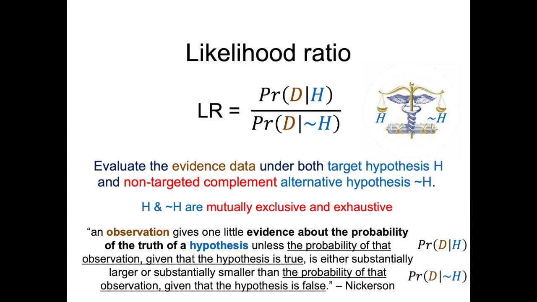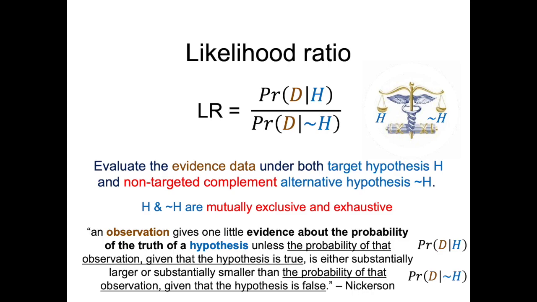These two hypotheses are mutually exclusive, which means they don't overlap, and exhaustive, which means between the target and the alternatives, they cover all the situations. In his confirmation bias article, Professor Nickerson explains why this property is important.